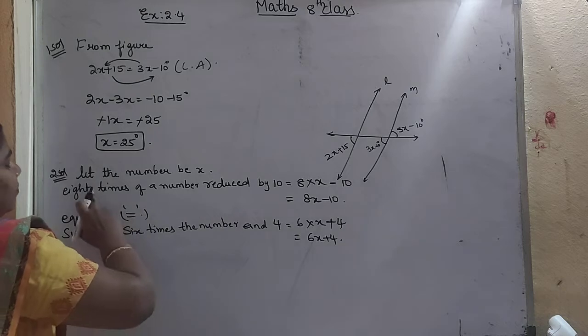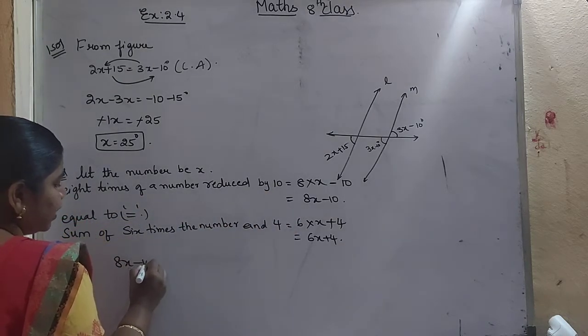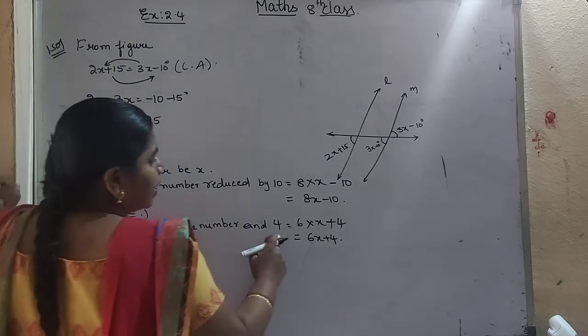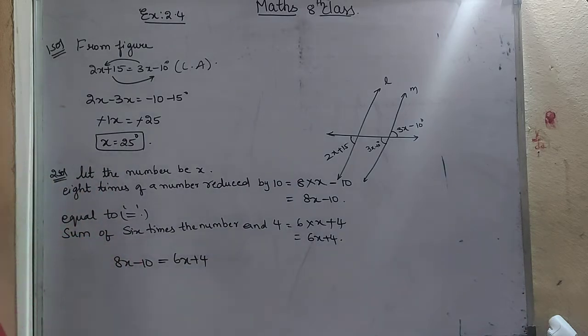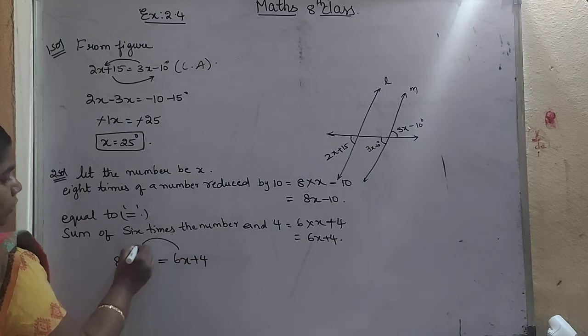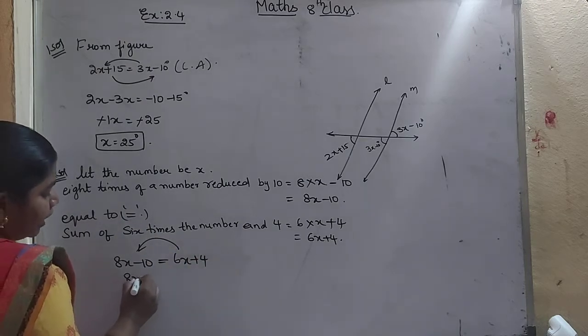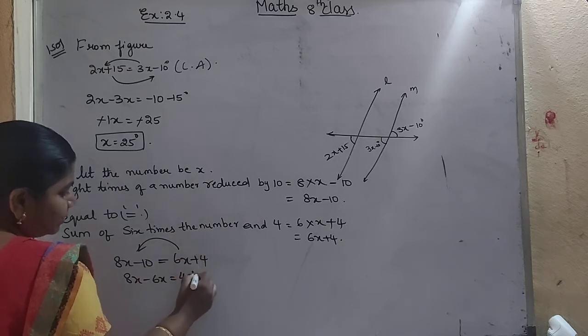So what they told, 8 times of a number reduced by 10, that is 8x minus 10 is equals to sum of 6 times of the number and 4, that is 6x plus 4. So now transpose all the variables to one side and constant values to other side. So if you transpose this plus 6x to other side, that will be minus. So 8x minus 6x is equals to 4 plus 10.